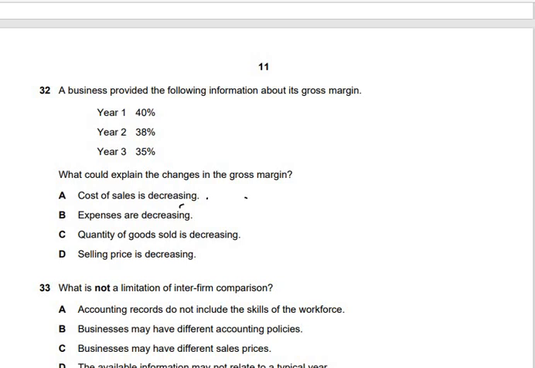Expenses are decreasing? No, that also doesn't make sense. Quality of goods sold is decreasing? No, but selling price is decreasing. If the selling price is decreasing, it means our sales are going lower, and the gross profit margin will also be decreasing.